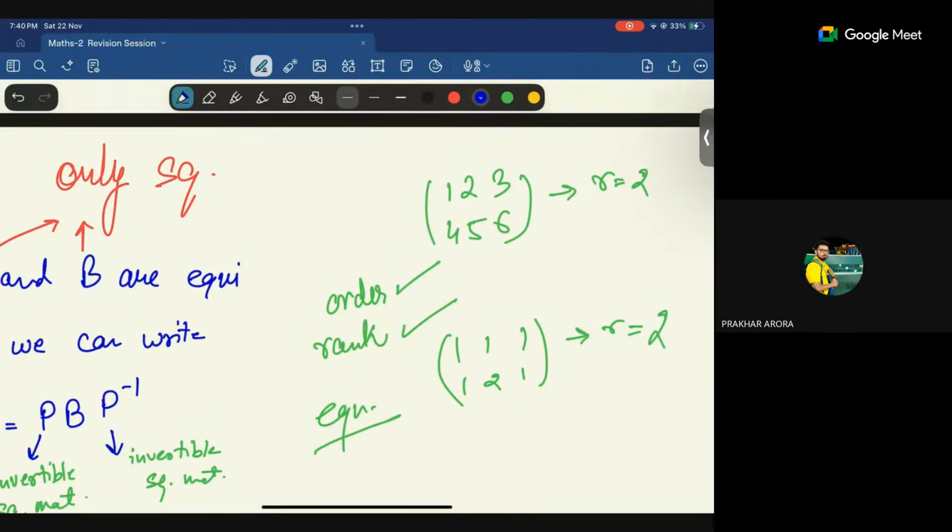I calculated the RREF, the reduced row echelon form of these matrices. How I did it so quickly without doing it is because this and this are not multiples of each other. If they are not multiples of each other, then this row will not become zero.